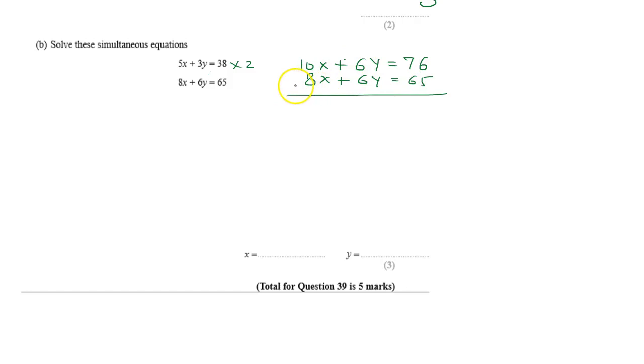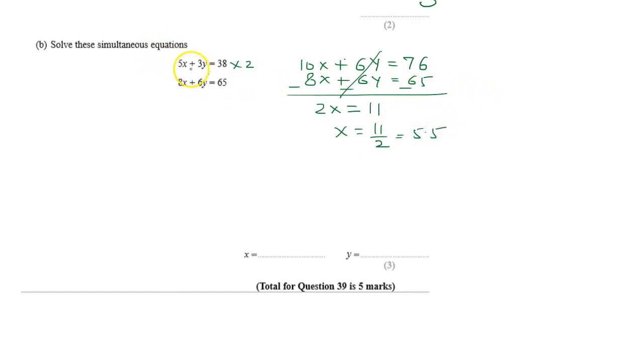Now both have same sign, so we change all the sign. So 6y minus 6y cancel, 10x minus 8x will be 2x is equal to 11. So x is 11 over 2, that is 5.5.